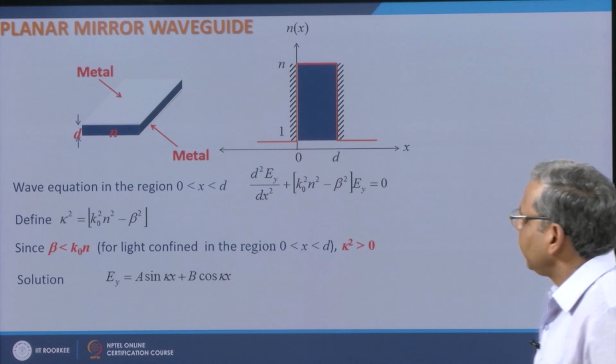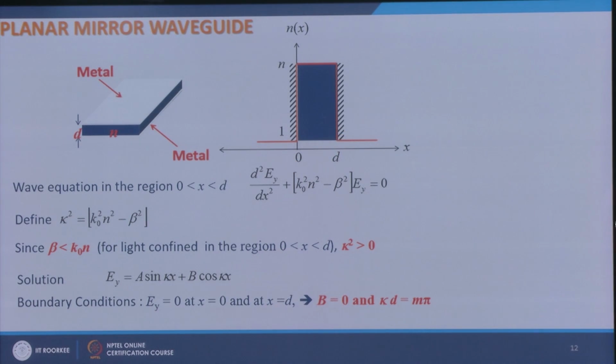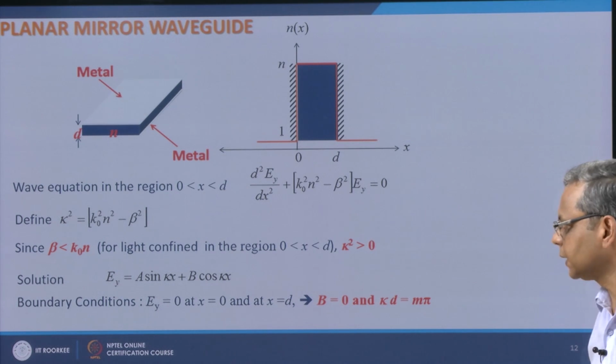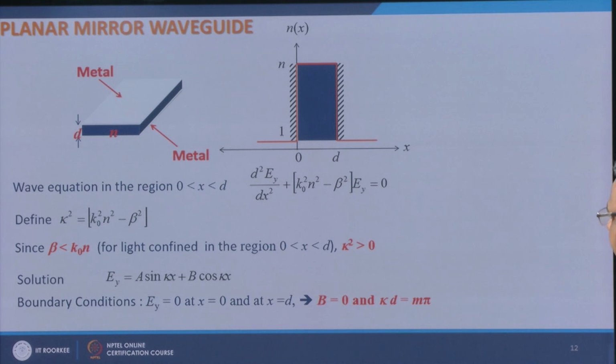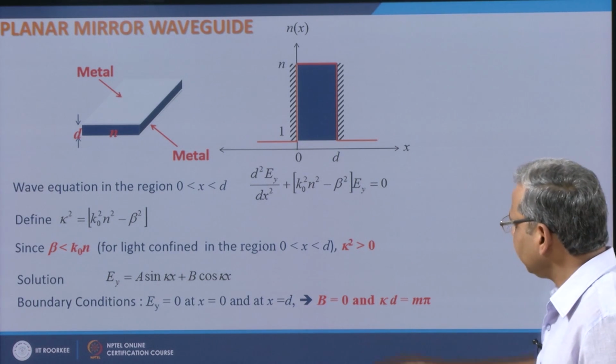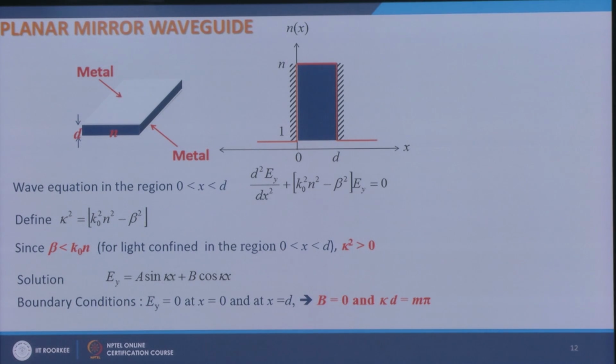Now, my field has to be 0 here and here. So, I apply these boundary conditions. Ey is equal to 0 at x is equal to 0 and at x is equal to d, and this gives me b is equal to 0 and kappa d is equal to m pi.